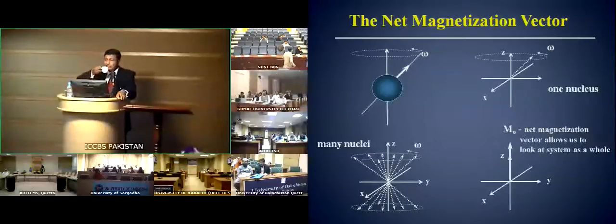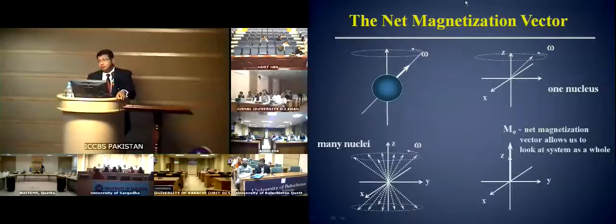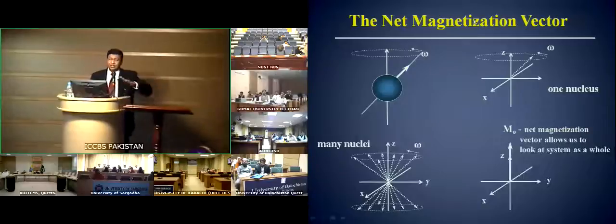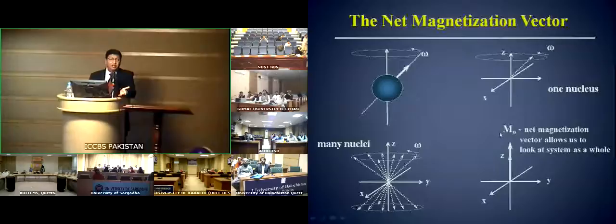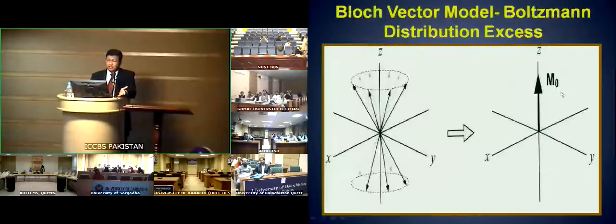And this net magnetization vector I will call the longitudinal magnetization, because now I've decided that I would not use the word Z. This magnetization vector represents the Boltzmann distribution excess. Now, the same treatment: this is your M naught in the direction of the applied magnetic field, the longitudinal magnetization.